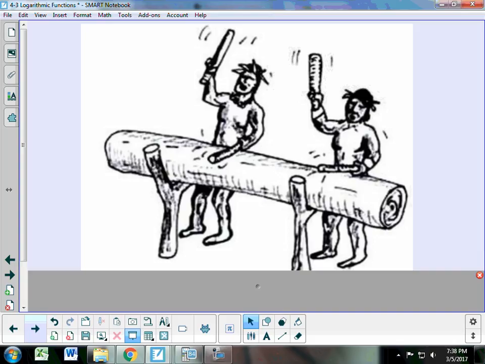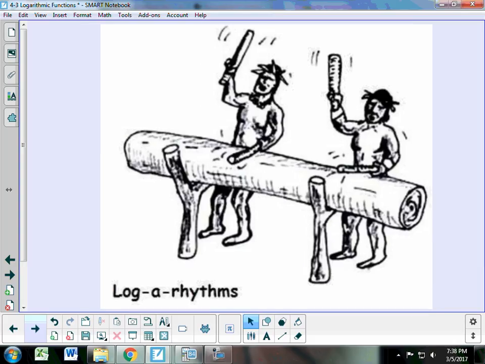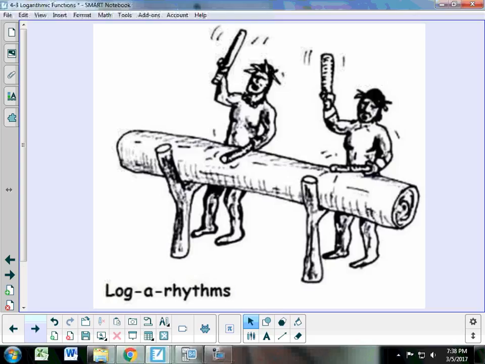And if they're banging on the log in a nice way, they might have rhythm, right? So logarithm. Get it? Nope. I can tell that they're in rhythm because they both have their stick down at the same time, right? They're ready to be in unison. Okay, anyway, that's not what a logarithm is.